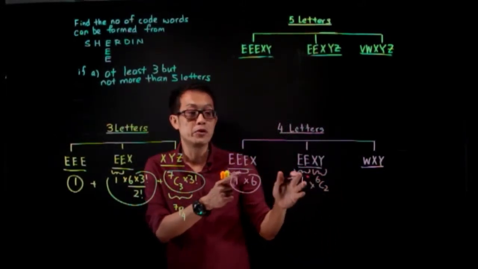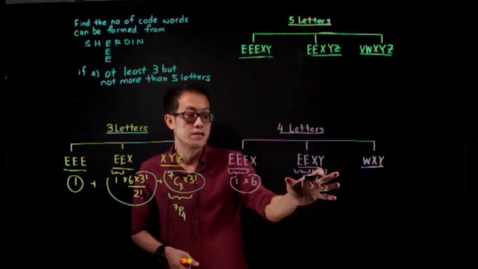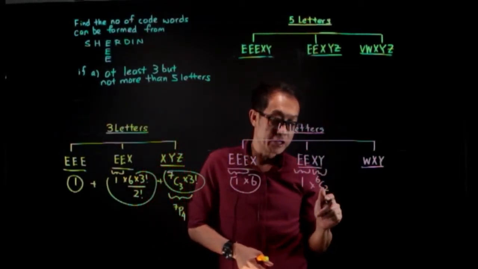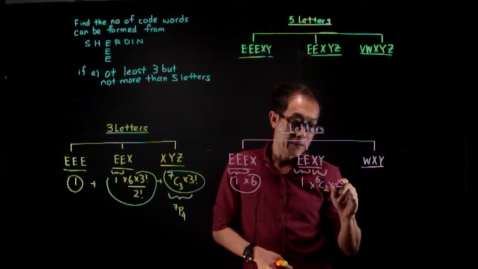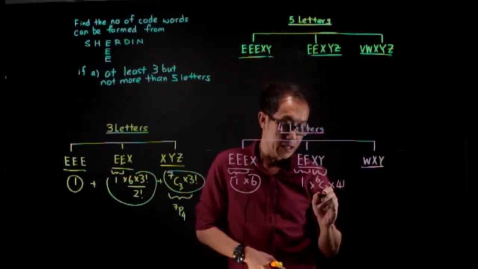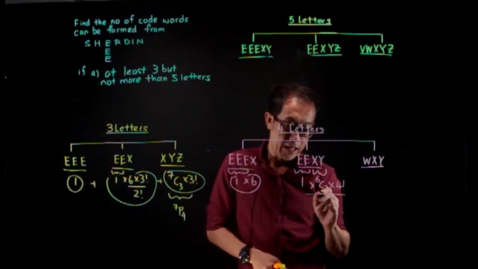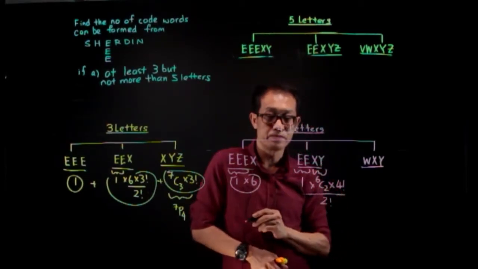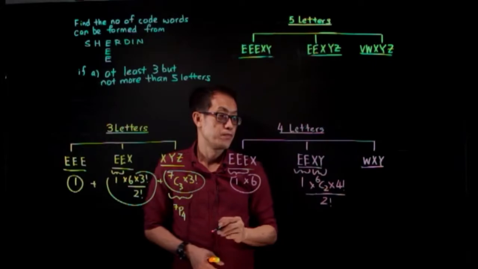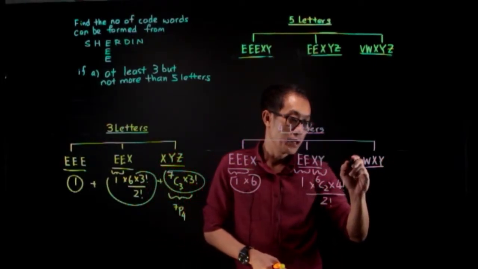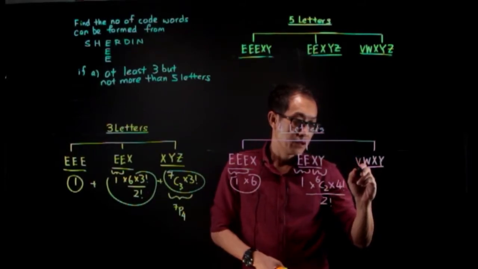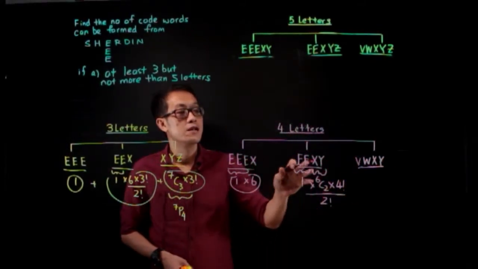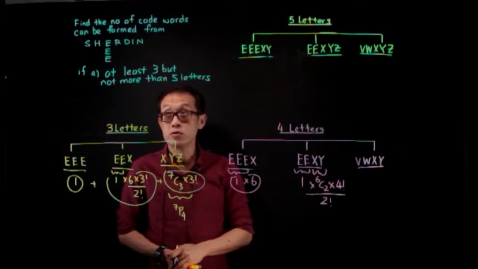But we haven't permuted the letters yet. So how many permutations are there? There are 4 letters, so you multiply by 4 factorial. 2 of them are the same, so divide by 2 factorial. Now the other one is, you want 4 different letters to be used.